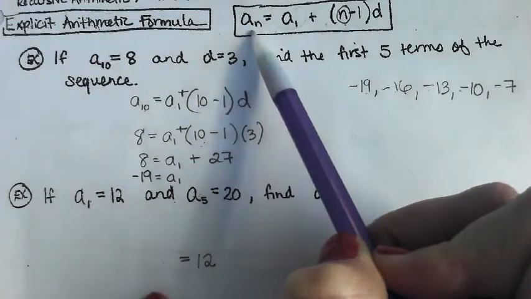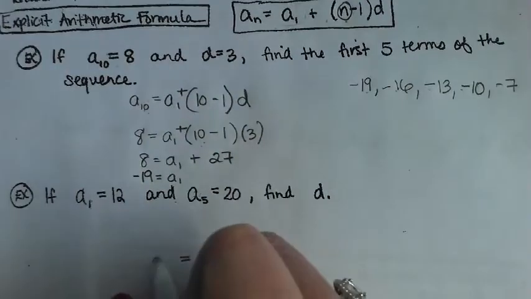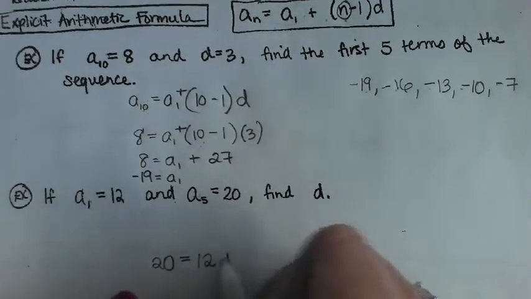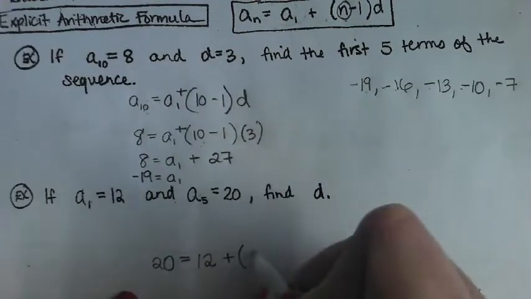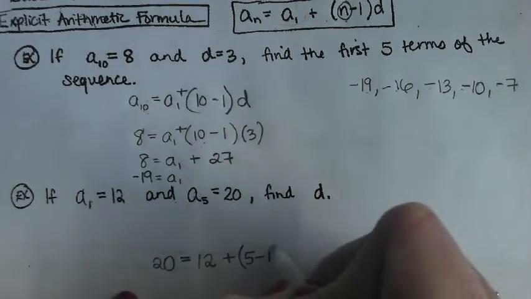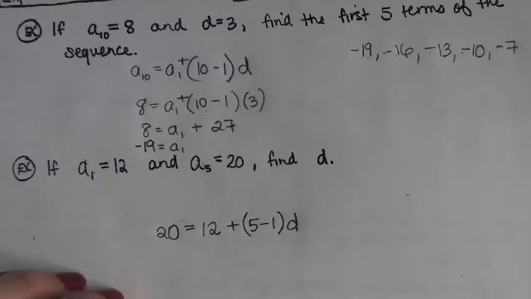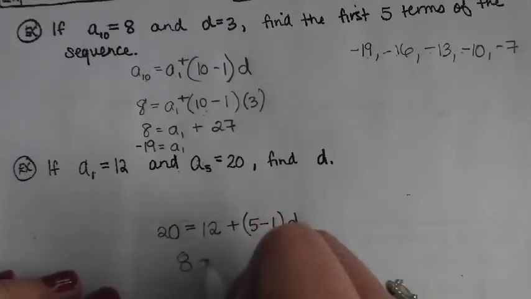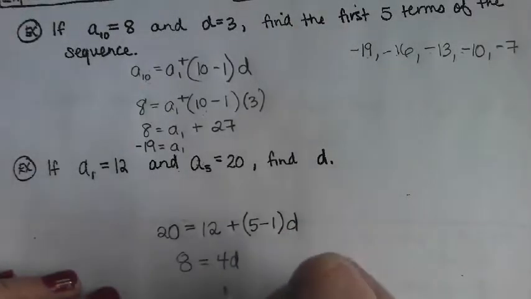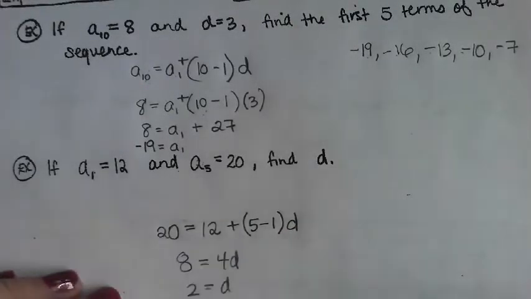What's that? 20. And they're giving us n is what? 5, because they're giving us the 5th term. And we're solving for D. So solving that out, subtracting 12 will give you 8 equals 4D, and then D equals 2.